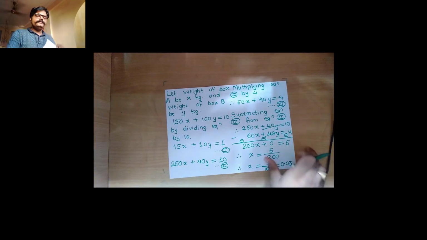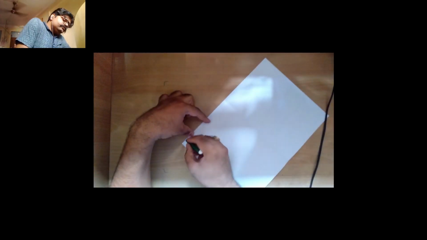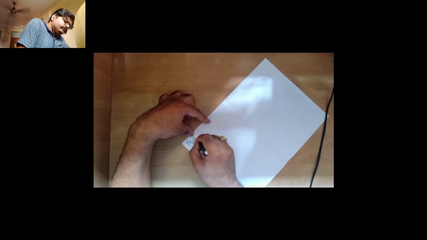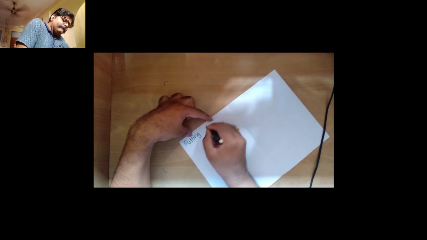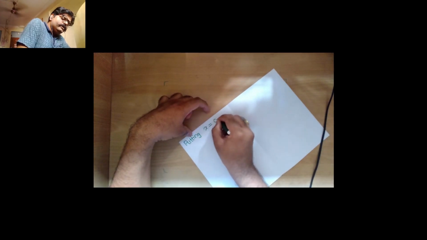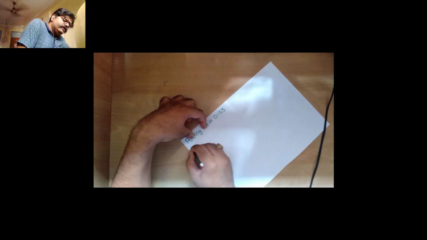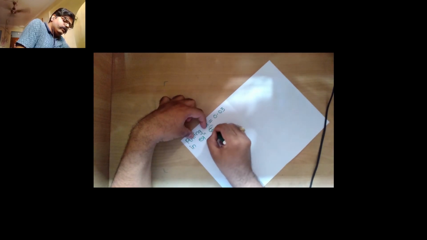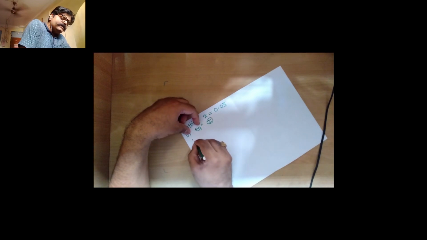Now this value of x we are going to substitute in the first equation to calculate the value for y. Putting x is equal to 0.03 in equation 1. Earlier, how exactly was the equation? Let us write it down.